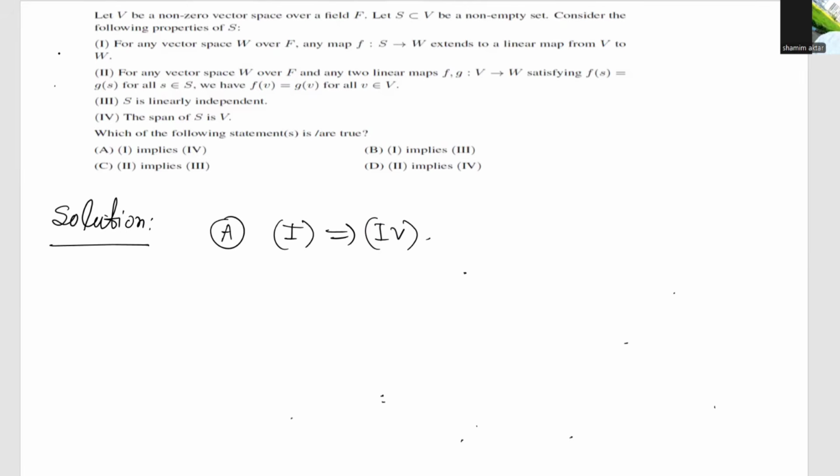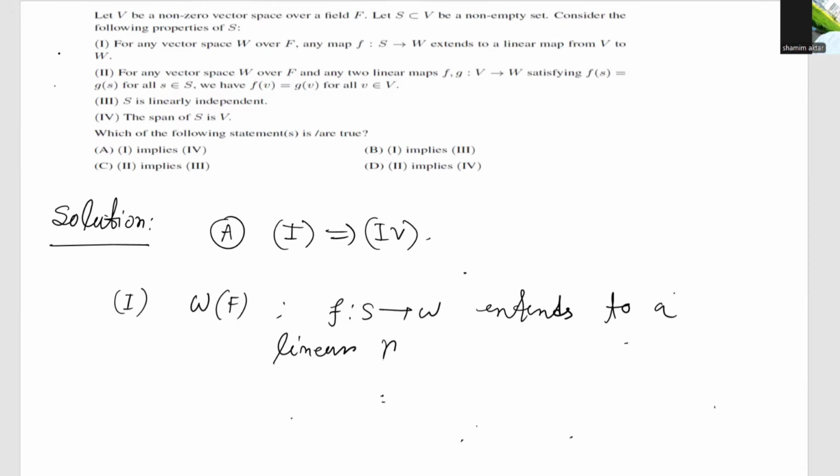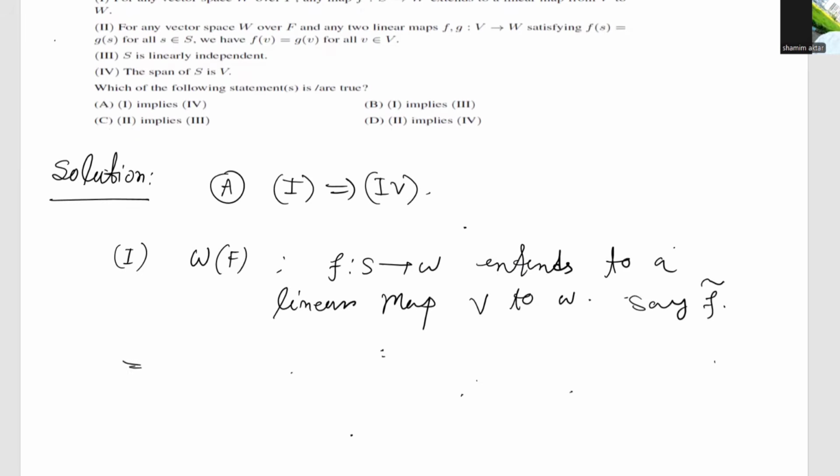Statement 1 says that for any vector space W over F, and any map f from S to W, f extends to a linear map f tilde from V to W. Then this implies statement 4, that is span of S equals V.